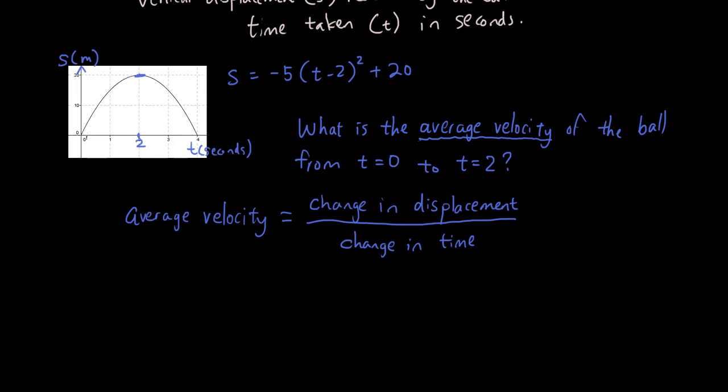The rate of change of displacement with respect to time, and we can also call this change in S over change in T. Now the change in S is therefore the rise divided by the run for our 2 points where time is equal to 0 and time is equal to 2, the vertical difference, or the rise, divided by the horizontal difference, which is the run.